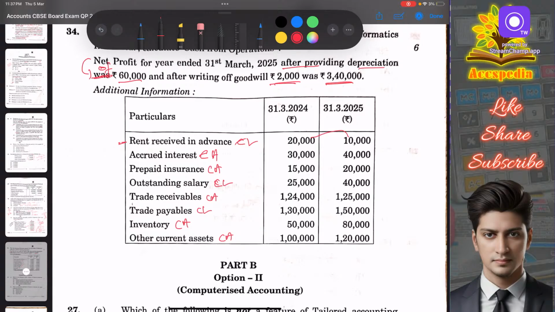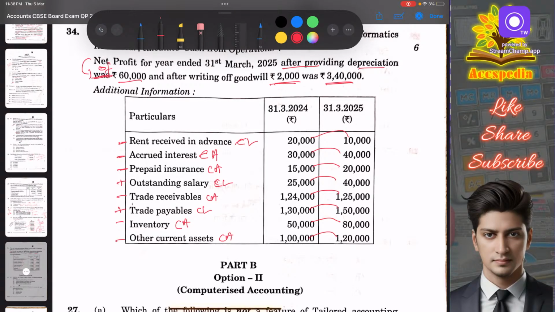This current asset has increased, so less. This current asset increased, so less. This current liability increased, so add. This current asset increased, so less. This current liability increased, so add. Current asset increased, so less. Other current asset increased, so less.